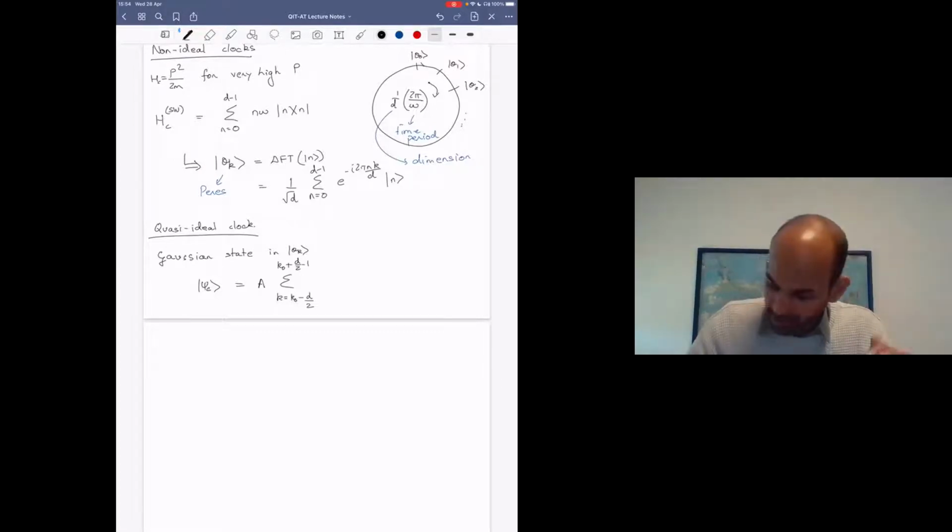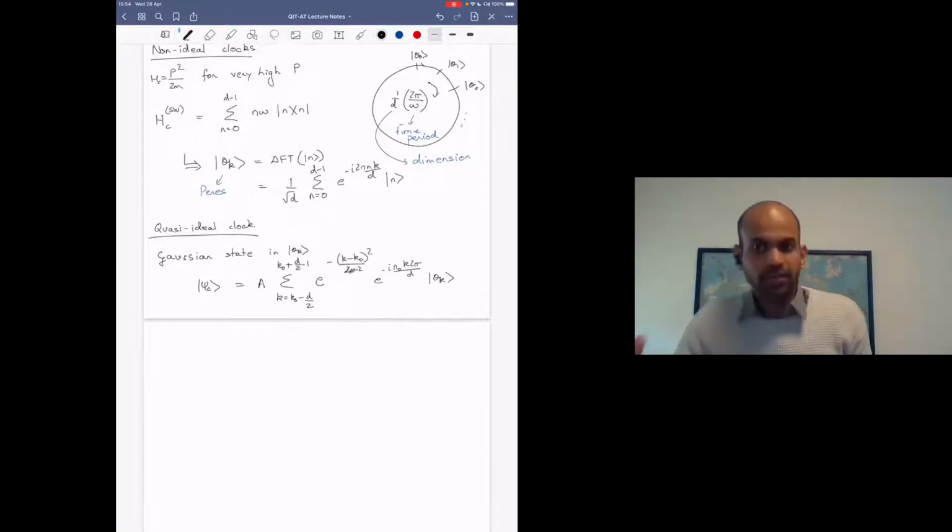So k naught is at the center of this range. And then I have a Gaussian in k. So it's e to the minus (k minus k naught) squared over 4 sigma squared, times e to the minus i 2 pi n naught k over d, theta k.